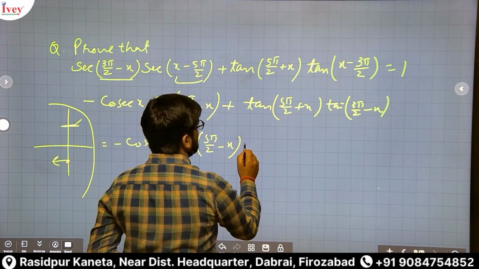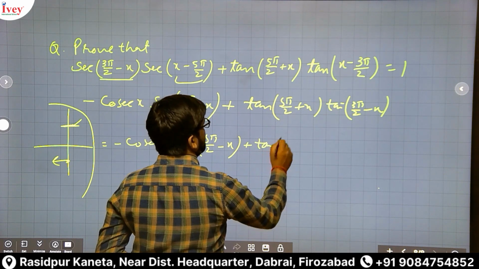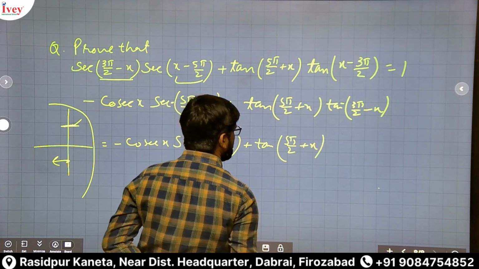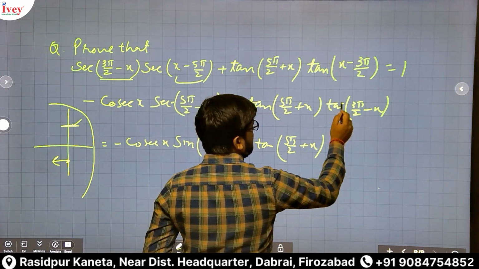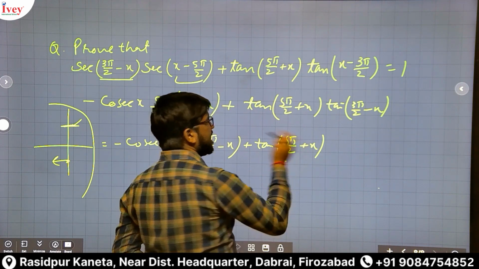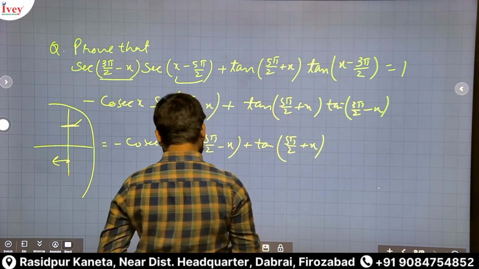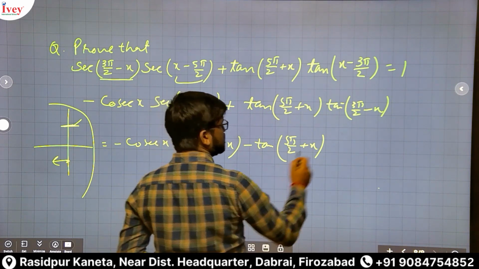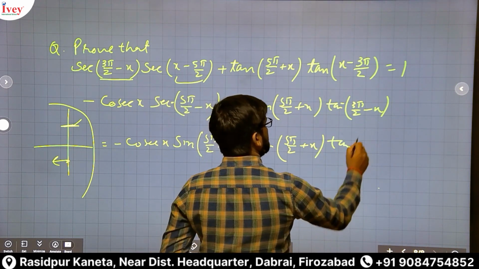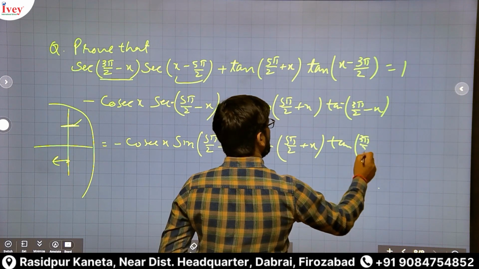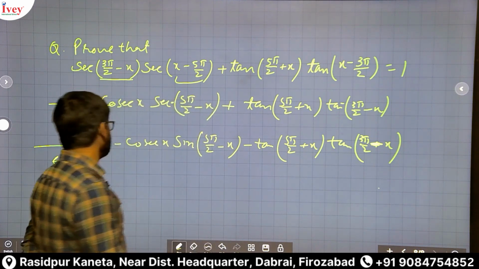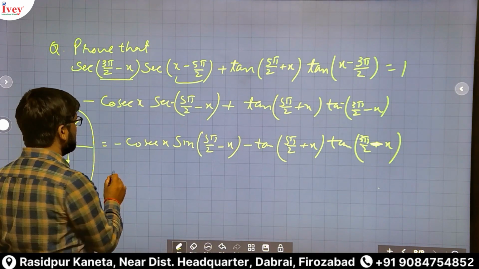Now there is no change in this. So it is going to be tan 5 pi by 2 plus x. In the fourth quadrant, tan is negative. So this negative will come this side. Let me write this negative here. So it is going to be tan 3 pi by 2 plus minus x, minus x.